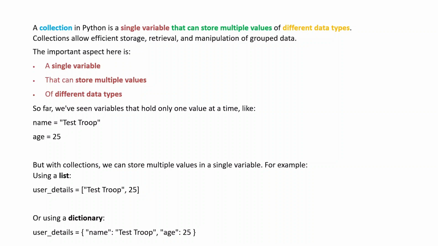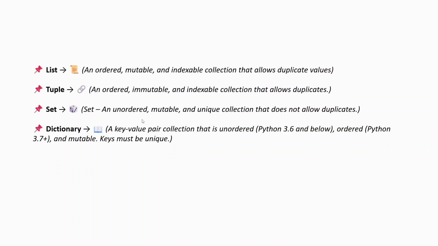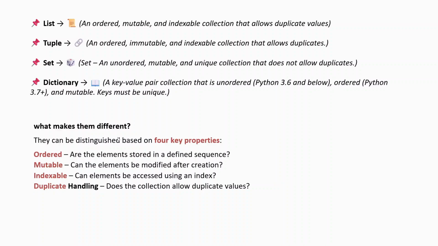We will also see the different types of collections supported by Python with their own unique features. Python provides 4 different collection types: list, tuple, set and dictionaries. They are distinguished based on 4 key properties. Ordered: are the elements stored in a defined sequence?